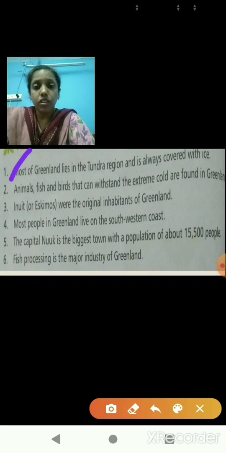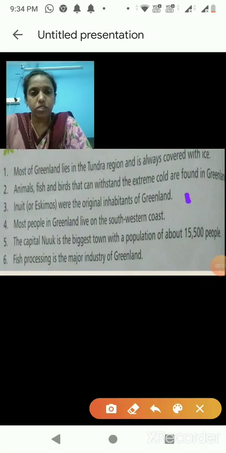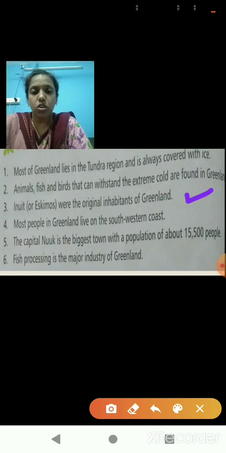Number 1. Most of Greenland lies in the tundra region and is always covered with ice. Number 2. Animals, fish and birds that can withstand the extreme cold are found in Greenland. Number 3. Inuit or Eskimos were the original inhabitants of Greenland.